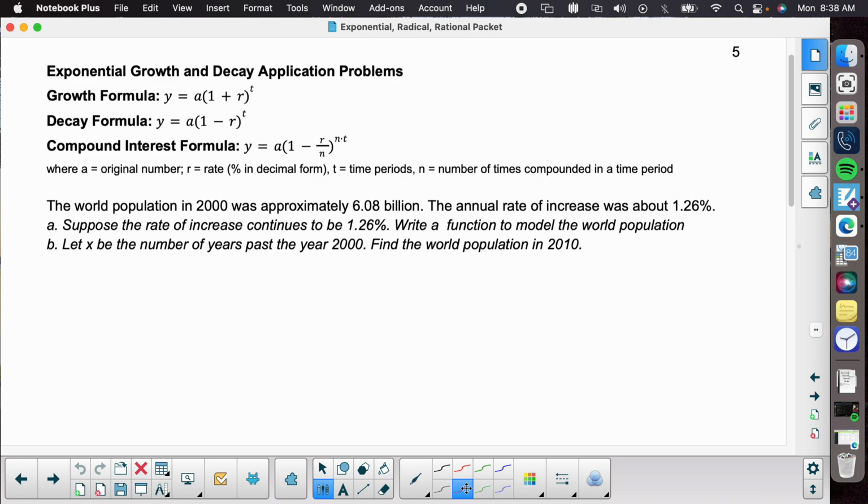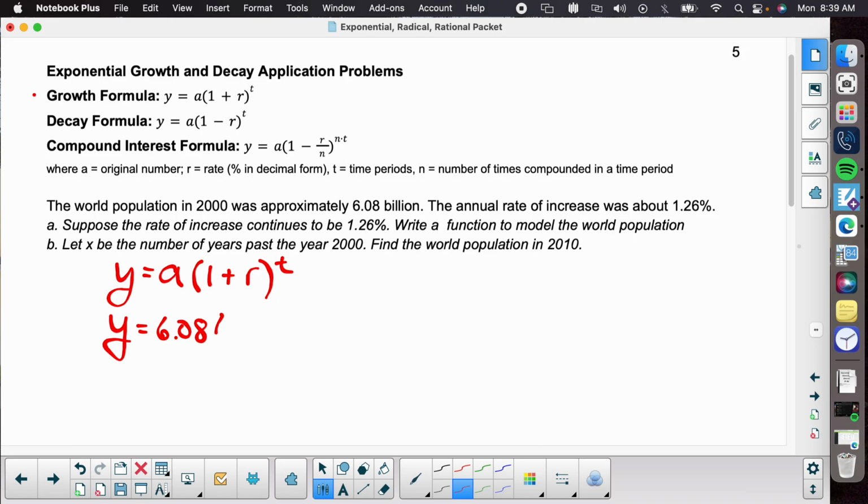Okay, so for this problem, we're gonna use the growth formula, okay? And if I write down the growth formula, there is only a couple letters in it. A is gonna be the original number or original amount. So in this case, what's our starting amount of people? 6.08 billion. And we don't have to write it as the super long number. We could just write it as 6.08, and then our answer will be in billions.